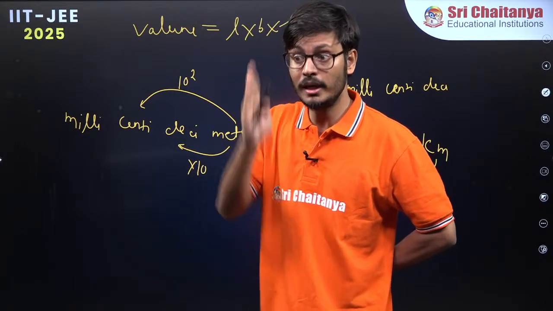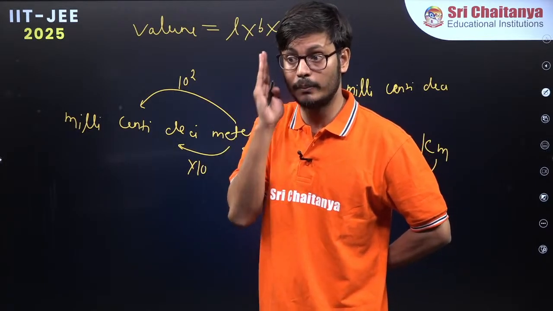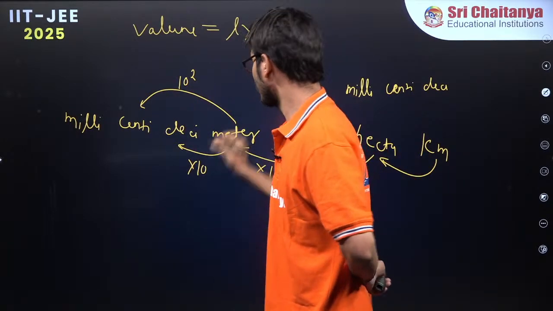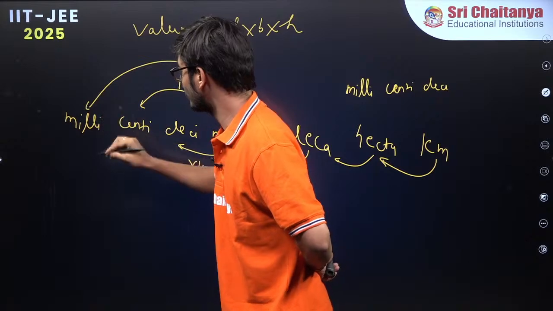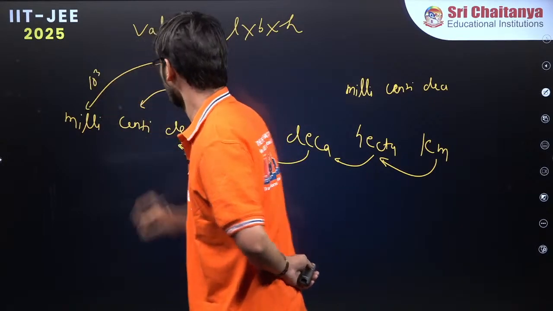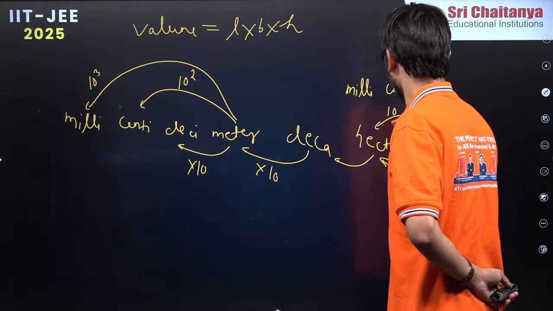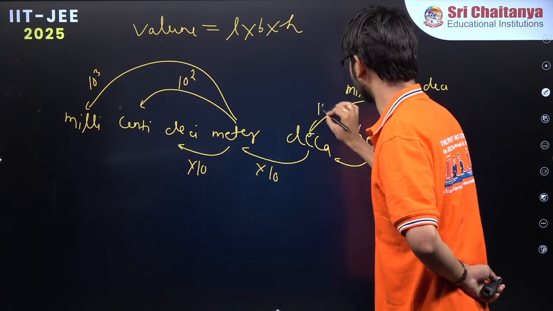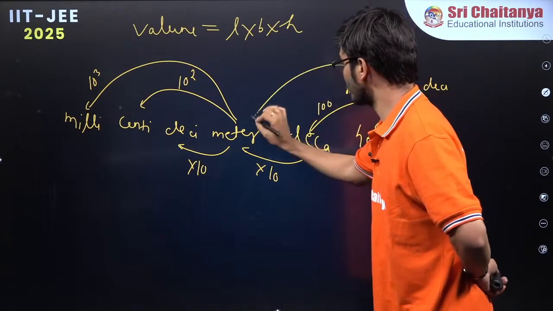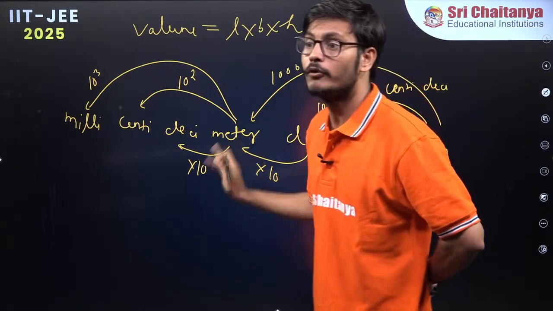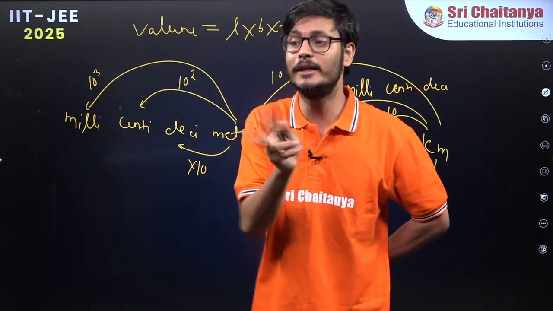So be very patient and please understand clearly. 1 meter is 10 to the square centimeters. 1 meter how many millimeters, beta ji? 10 to the power 3. For example, 1 kilometer is 10 hectometers, how many decameters, beta ji? 100. And how many meters? 1000. So whenever we are coming from right to left, we always multiply by 10 for one unit conversion.